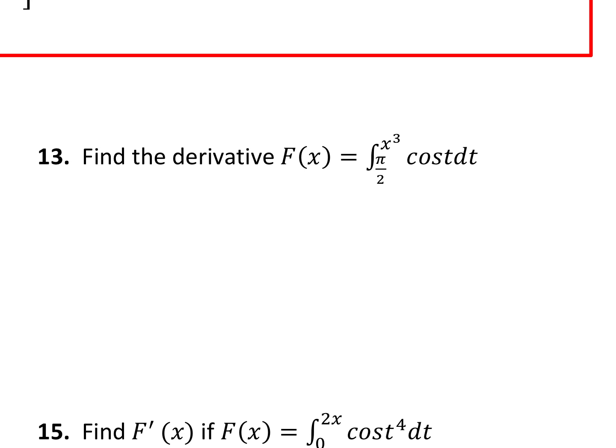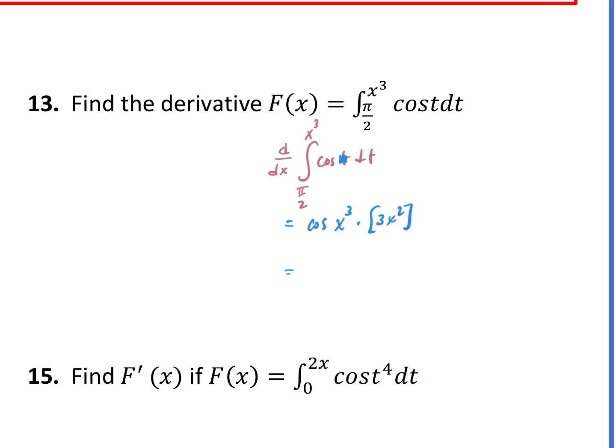So they want the derivative of this. So they're asking d dx, pi over 2 to x cubed, cosine of t dt. Okay, so that's what they're asking you to do. So I can simply take this out. So it's cosine of x cubed, but you're going to multiply it by the derivative of the top to get 3x squared.